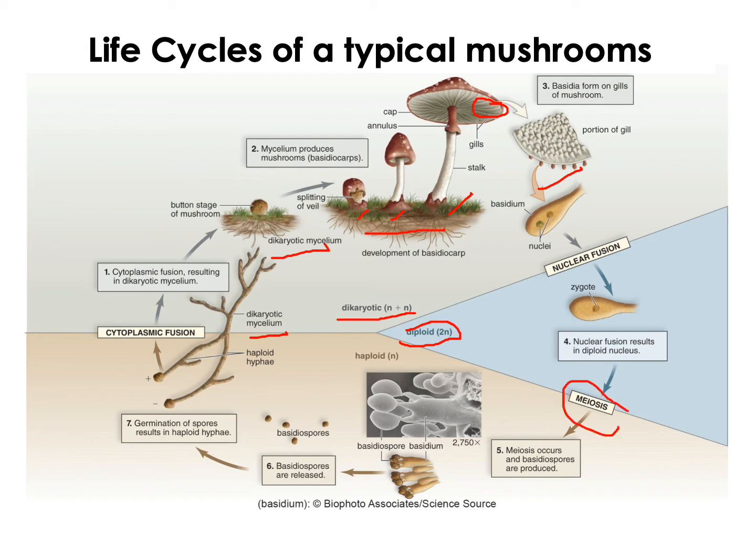So meiosis occurs and basidiospores are produced. So this is the haploid stage, which is the N. Okay, so basidiospores are released and then the germination of spores results in haploid hyphae. Okay, so they still have the plus and the minus strain.